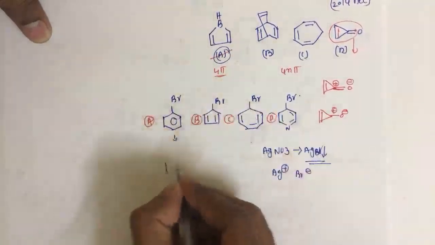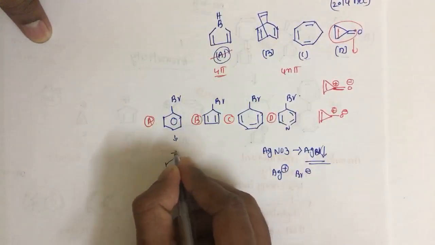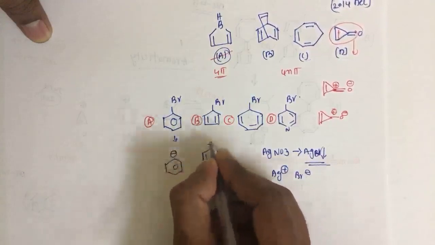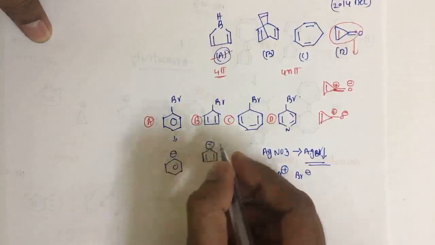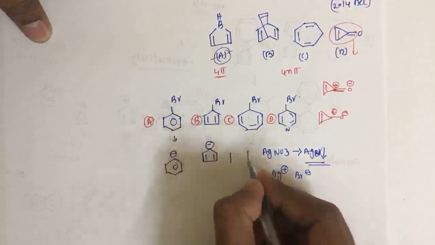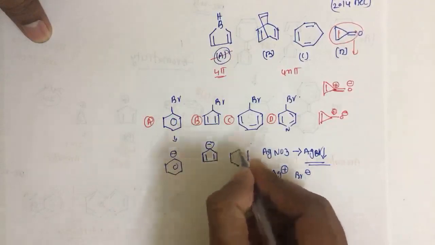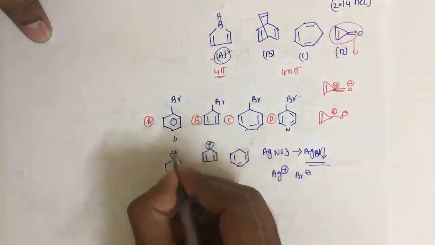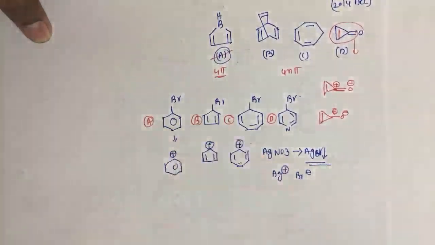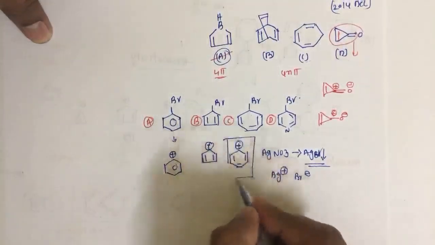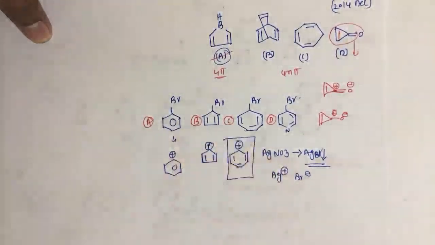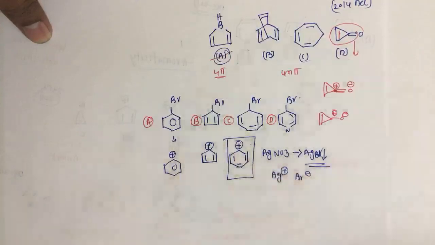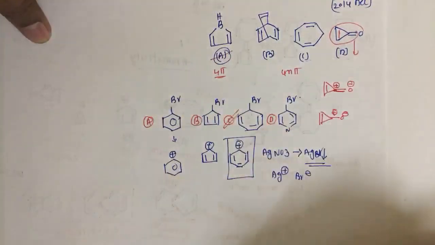If it becomes Br minus, it will become like this, and here we are getting a tropylium cation, right? So the tropylium cation is aromatic, so the correct answer is C.